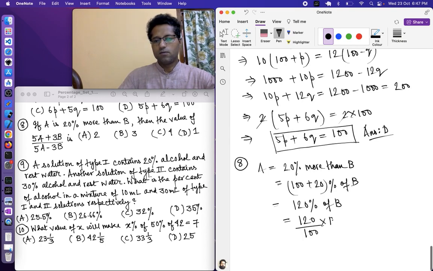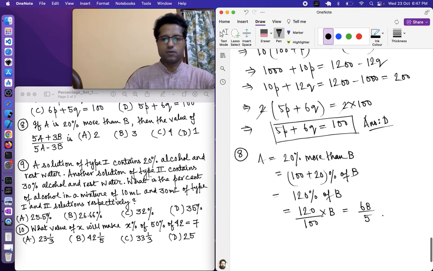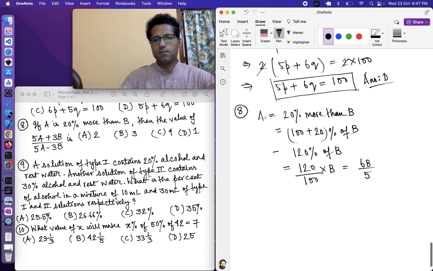So we have 120 by 100 multiplied by B. This after simplification becomes 6B by 5. So A is equal to 6B by 5.